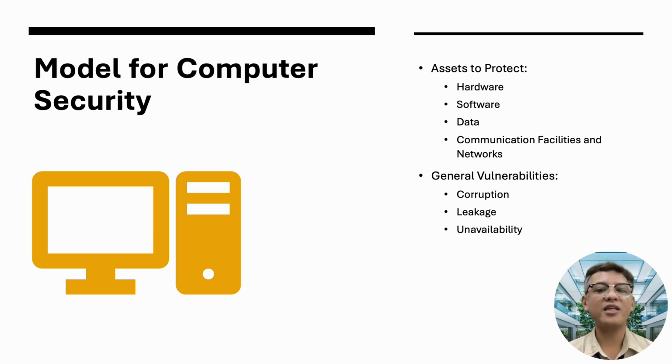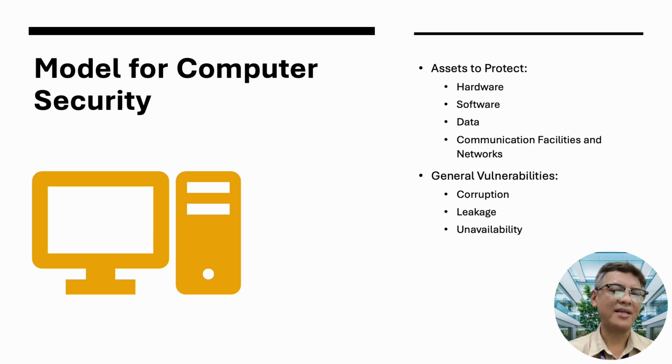In computer systems, assets generally fall into four categories. 1. Hardware, such as computers, servers, storage devices, and communication equipment. Next is software, including operating systems, utilities, and application software.